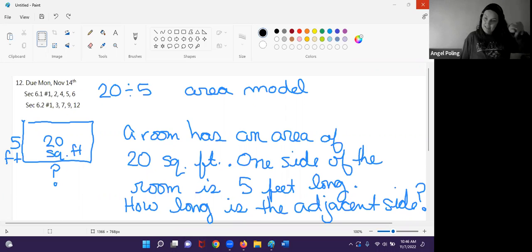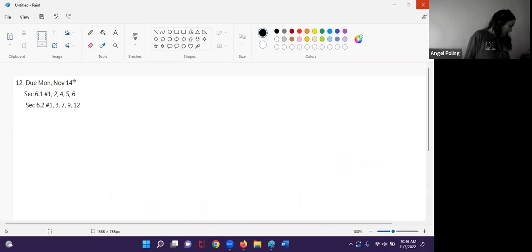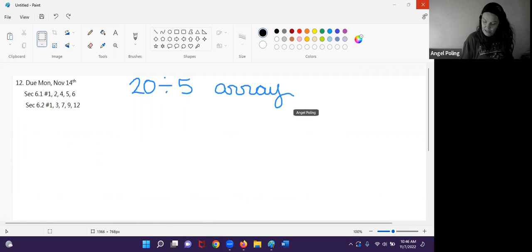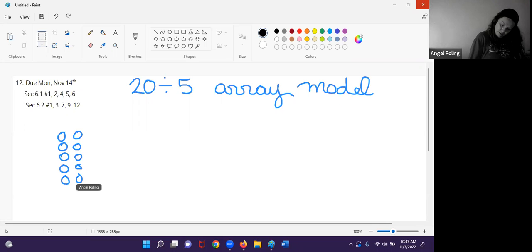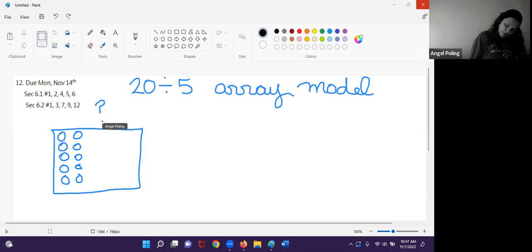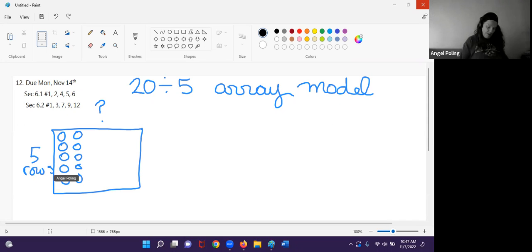Okay, and then the last one before you head out is 20 divided by 5 as an array model, which is similar to the area model, except that you really are talking about rows and not knowing how many are in each of your rows type of thing.